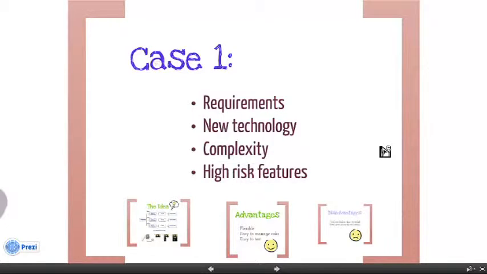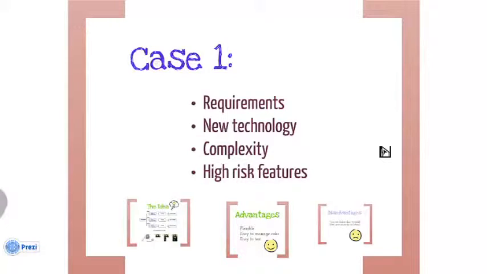In this presentation, we introduce some scenarios and mention some models that can be applied for those situations. The first situation is: the requirements of the complete system are clearly defined and understood, and major requirements must be defined, but sometimes some details can evolve with time, and also a new technology is being used.